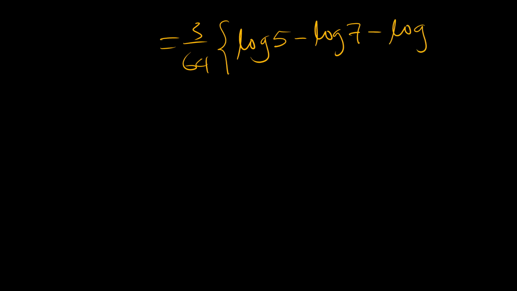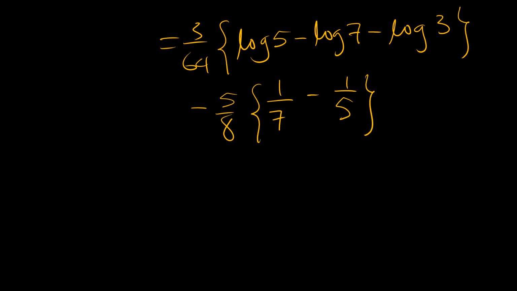What we have here is 3 over 64 open bracket log 5 minus log 7 minus log 3, minus 5 over 8 times 1 over 7 minus 1 over 5. So 3 over 64 log, using rules of logarithm, we have 5 over 21. And then we can swap things here.